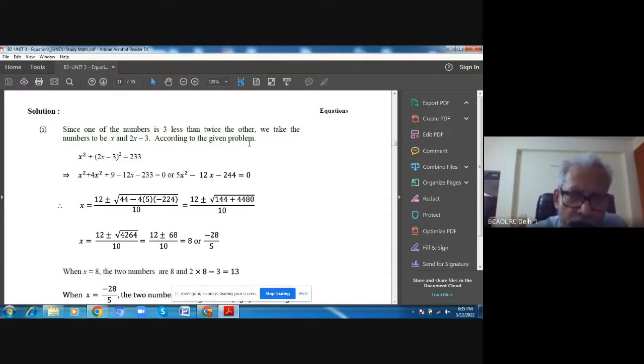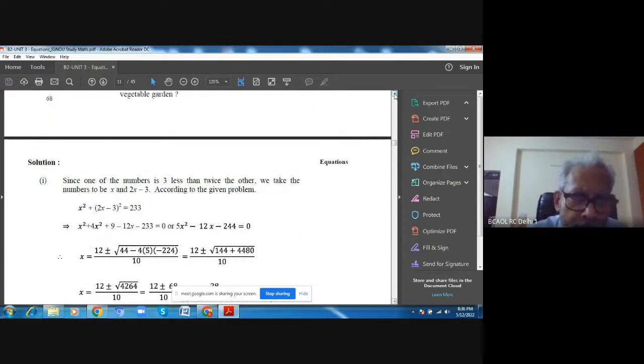So according to the given problem, we can write x square plus (2x minus 3) square is equal to 233. Why square? I think in the question square is written.